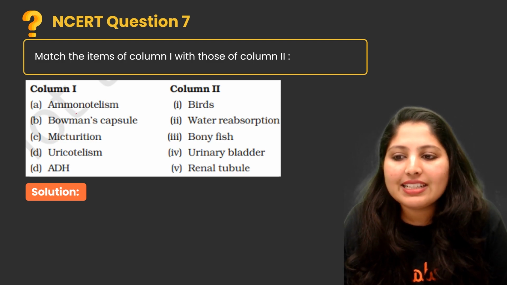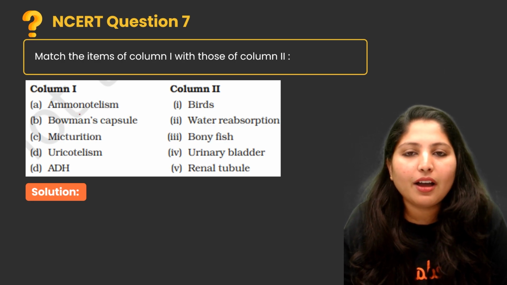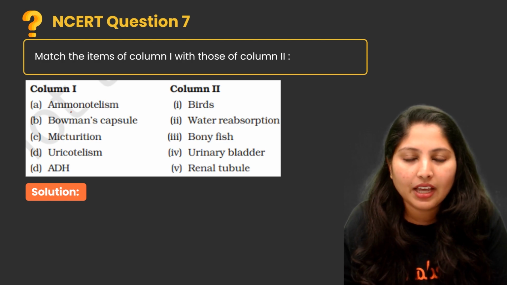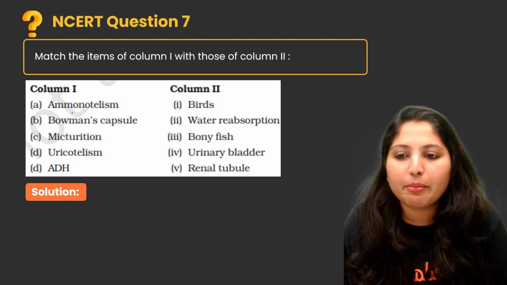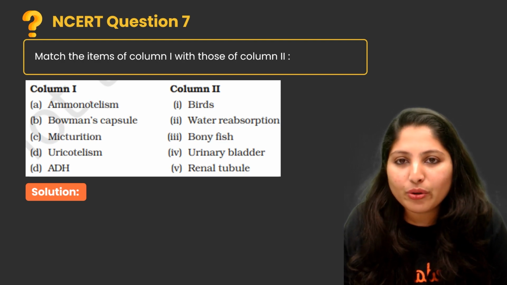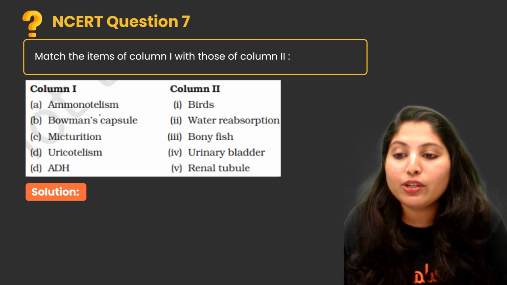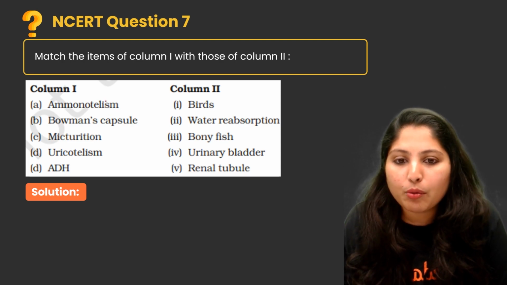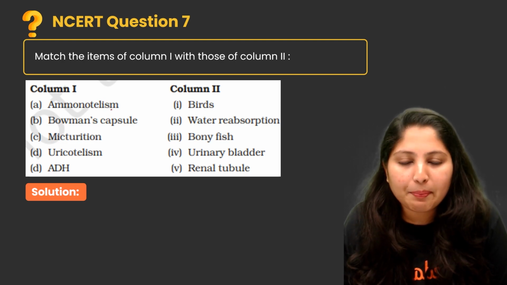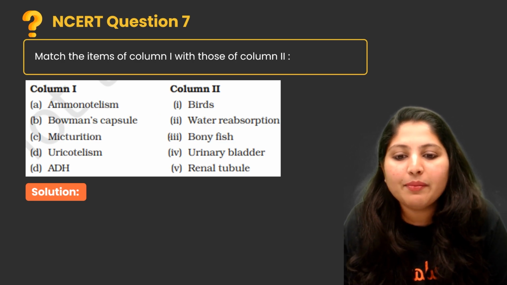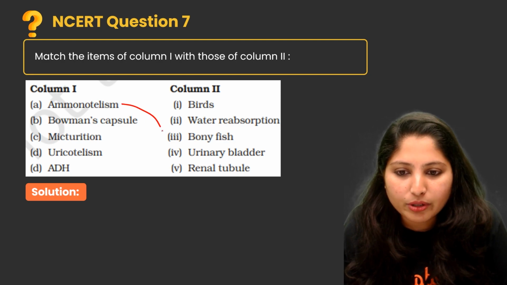Aminotelism is the process of removal of ammonia. The organism which releases ammonia is known as an aminotelic organism. So the ammonia is released by which organism? Bony fish.